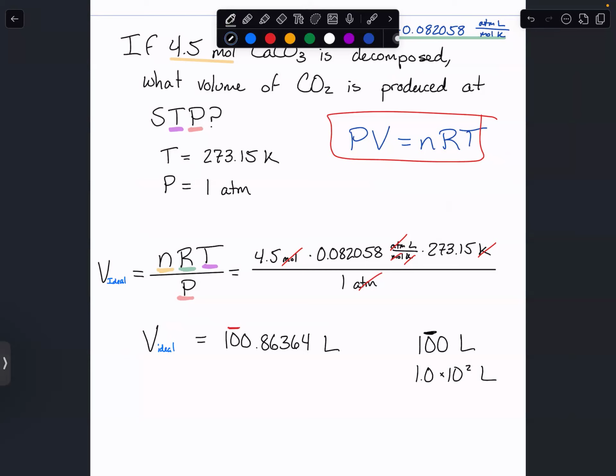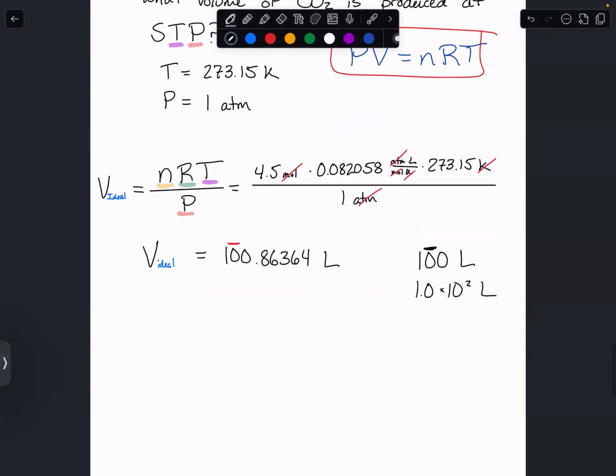Okay. Cool. So the other thing that we can ask is, all right, well, what about the volume if we treat this as a real gas? And this is not an equation that I would expect you to have memorized, so I'm just going to put it down here.